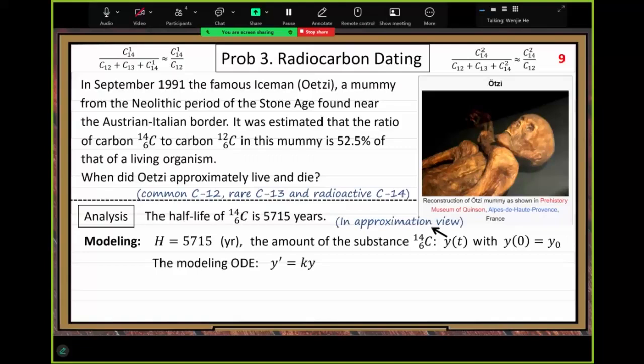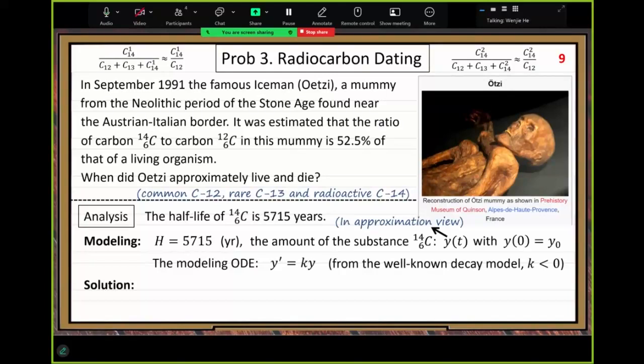With k and half-life, we only need to know one of the two numbers, then we can get the other one. So k can be calculated from the half-life number. It's a negative number.